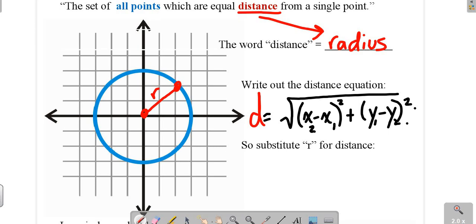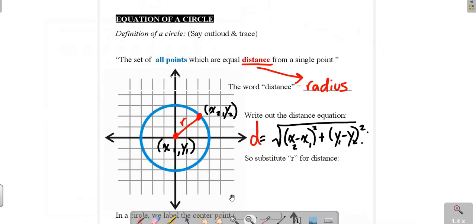So we're going to label here our second point is the distance here, because we're reading from left to right. And so our first point is right here, x1, y1, because we're reading always usually from left to right.